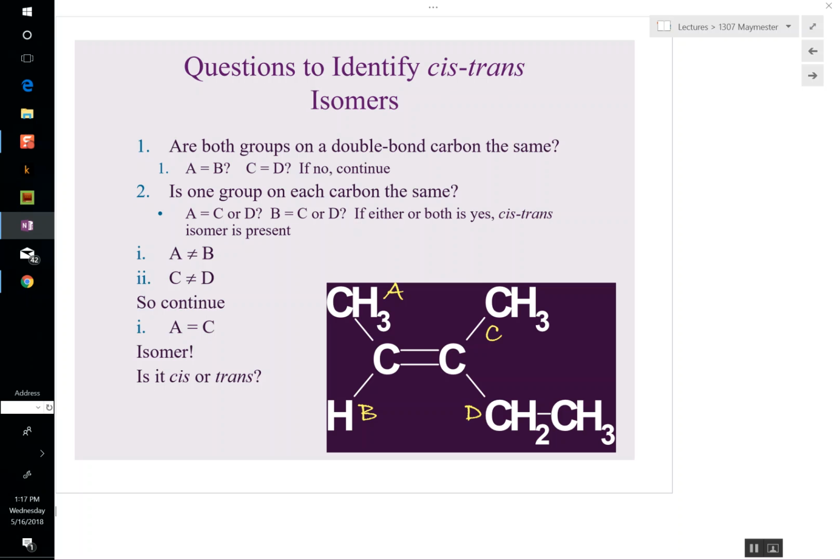If you get a yes answer, wait a minute, I get myself confused. Are both groups on the double bond the same? No, okay, it's the way they're asking the question. Are both groups the same? No. So you continue.